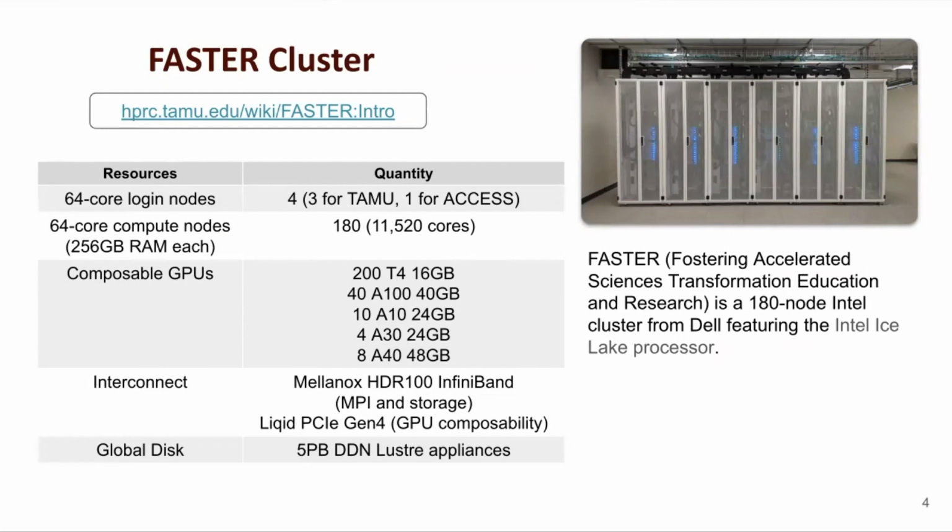Mostly for FASTR, mostly CPUs, and we'll talk a bit about ACES, which is a combination of different accelerators. But they are all based on Liquid system, where you can define a composition of your system you want to use, depending on your particular requirements. So if you are familiar with the concept of software-defined network, FASTR is kind of like a software-defined supercomputer.